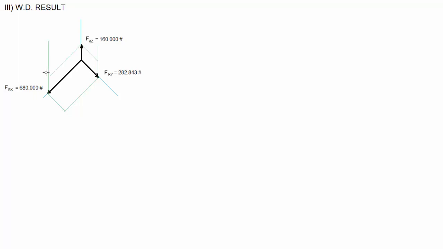Notice that the angles at which I'm drawing these forces correspond to the axes. There's my cube, or my box. You can see that the resultant force is going to come above the XY plane.